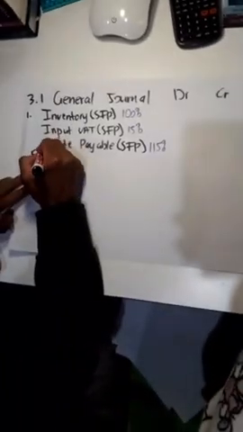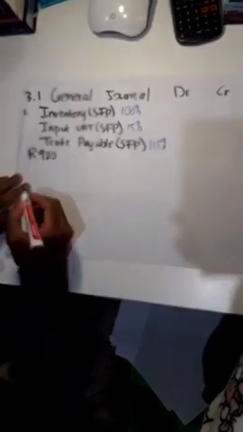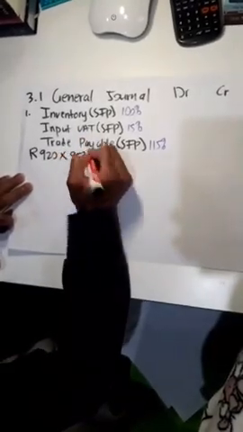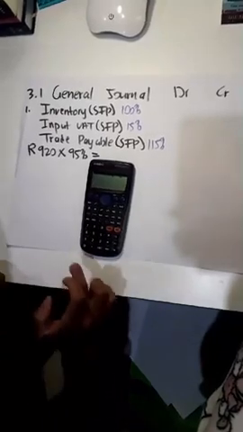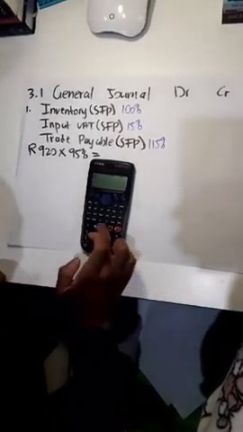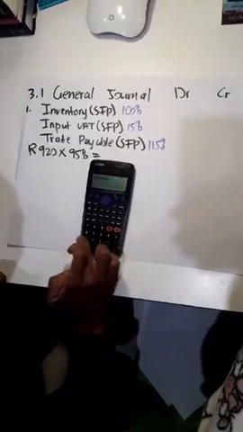You take 920,000 multiplied by 100 minus 5%, so you are left with 95%. How much do you get? Let's press our calculator. 920 multiplied by 95 divided by 100, you get 874.